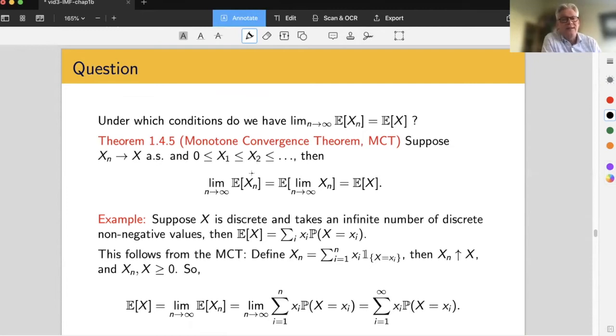If we have that, then the monotone convergence theorem tells us that the limit as n goes to infinity of the expected value of xn is equal to the expectation of the limit of xn, which is equal to the expected value of x. So the limit of the expectation is equal to the expectation of the limit, which is equal to the expected value of x.